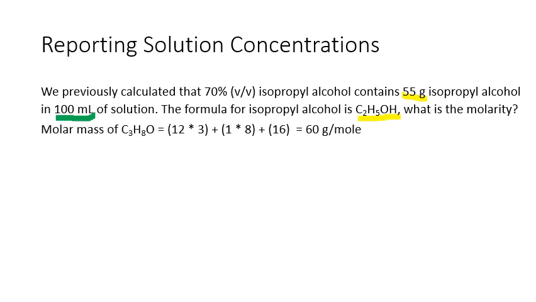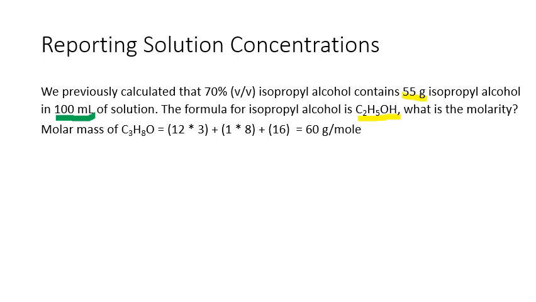But the first thing we got to do, if we want to turn grams of alcohol into moles of alcohol, is figure out what the mass of the alcohol is. So we'd go to our periodic table and see that carbon weighs 12, oxygen weighs 16, hydrogen weighs 1, and there were 3 carbons, so each carbon weighed 12. That means we have a mass of 36 on the carbons, 8 hydrogens that each weigh 1, and then an oxygen that weighs 16.